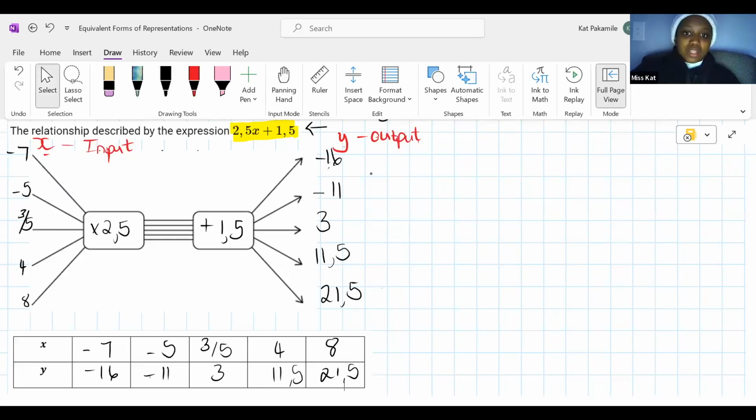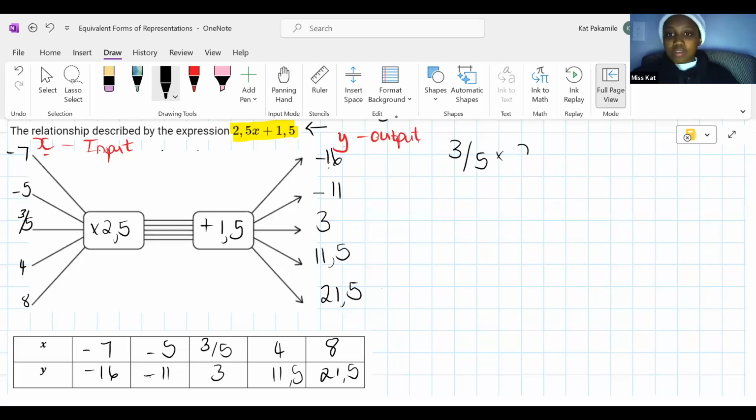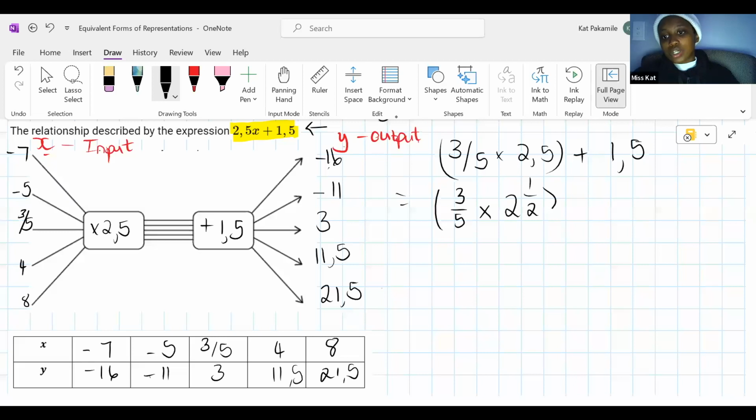Okay, someone said, please re-explain 3 over 5. Let's do it on the side here. 3 over 5, we have to first multiply by 2.5, and then add 1.5. So if we're going to turn this into fractions to make it easier, you're going to have 3 over 5 multiplied by 2.5 plus 1.5.